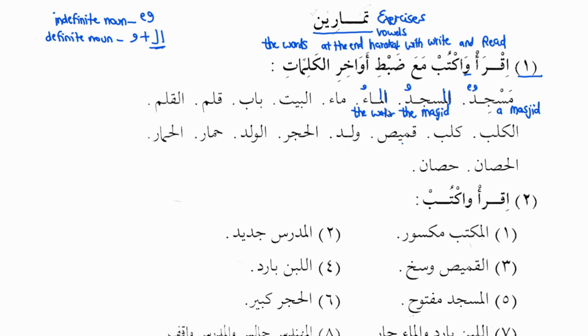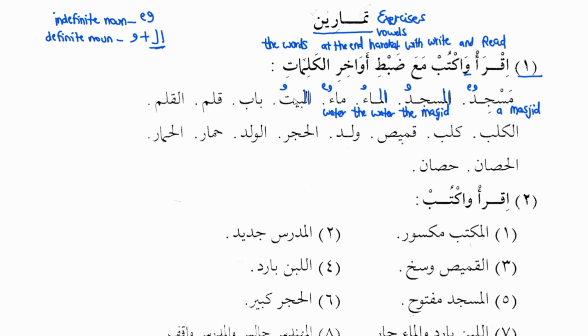Next, there is no alif lam, so we'll put dhammatan at the end. So this will be ma'un. Ma'un means water. Next, it has alif lam, so we'll put one dhamma at the end.